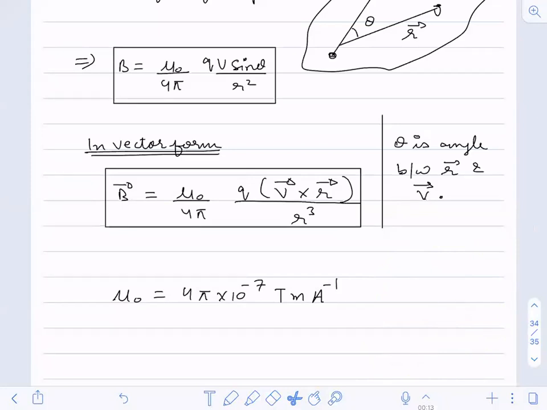Now we will discuss the magnetic permeability and electrical permittivity, how they are different and what they signify.